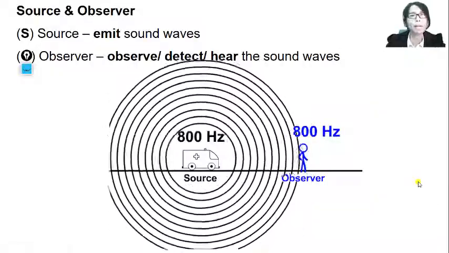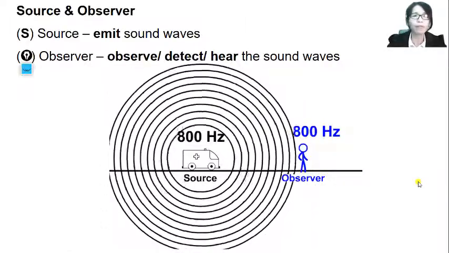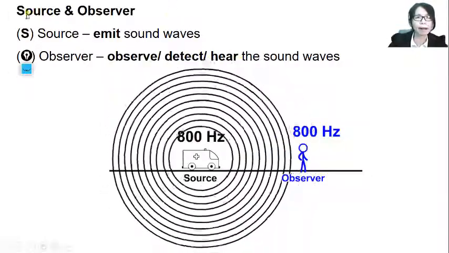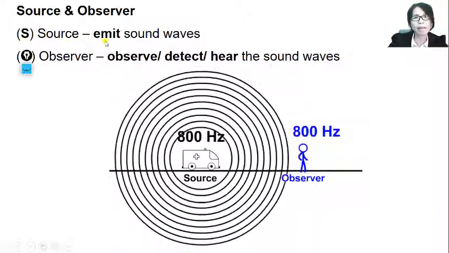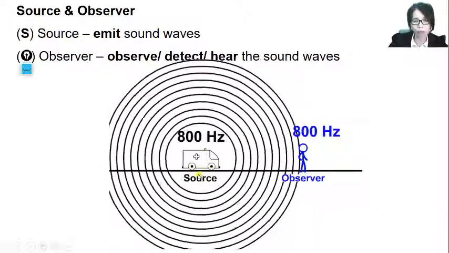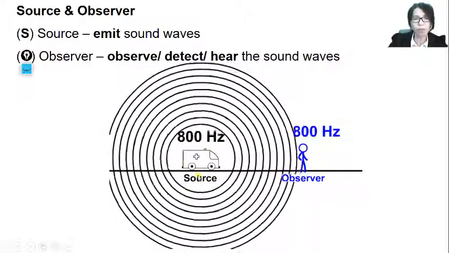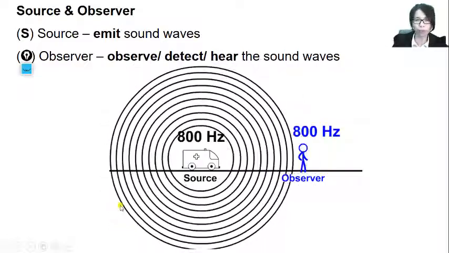So, basically, in Doppler effect, we have source and also observer. Source is represented by capital S. Source is the one that is going to emit the sound waves, as shown in the figure below.